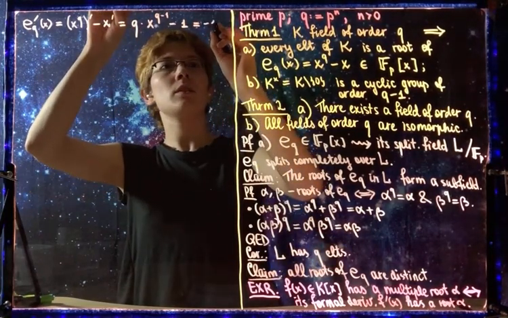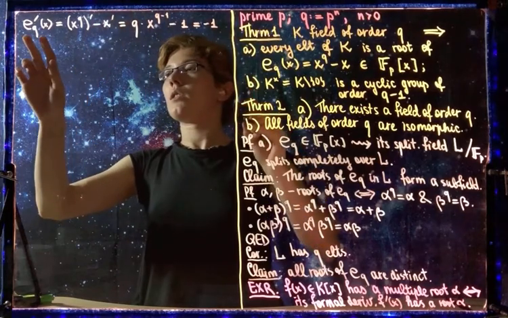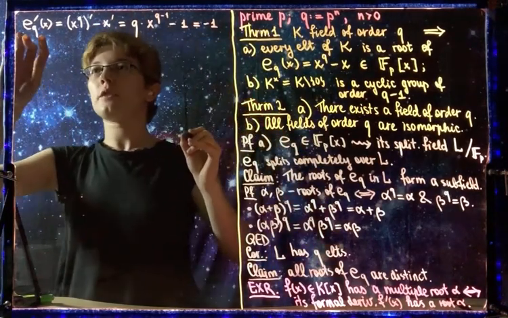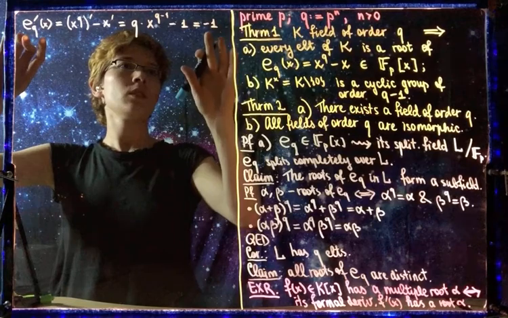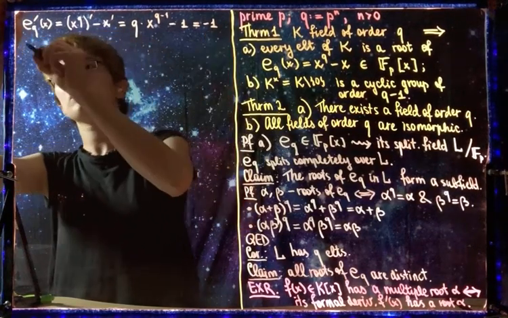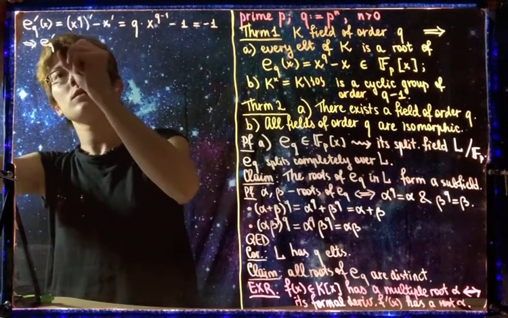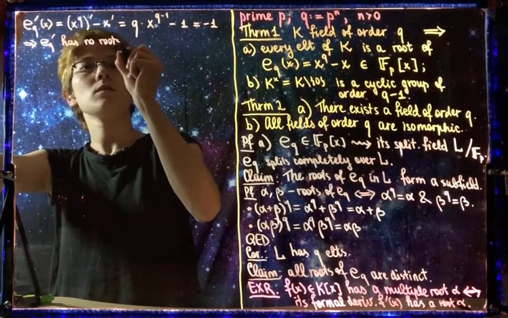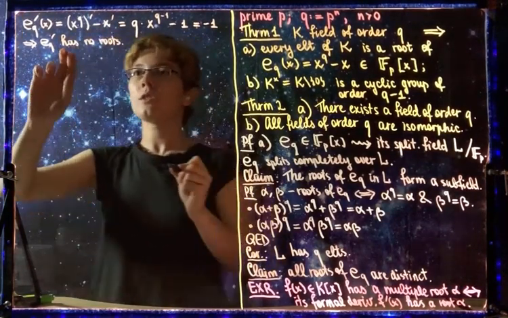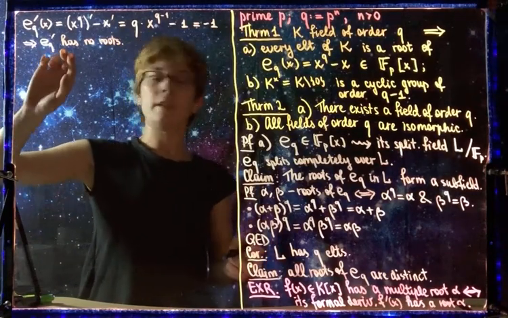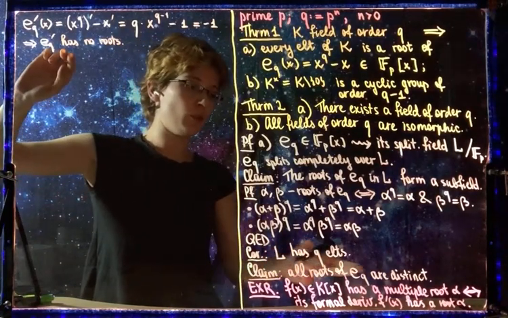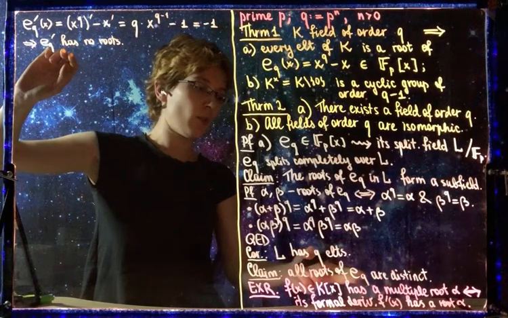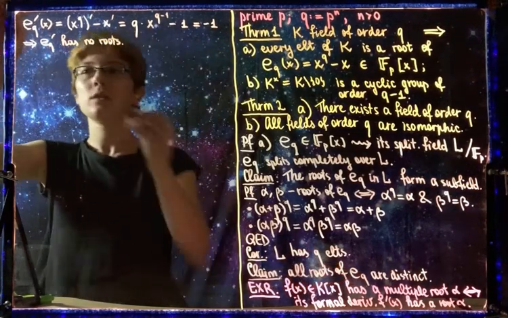So I get that the formal derivative of E sub q does not have any roots. And in particular, does not have any roots in common with E sub q. So all the roots of E sub q are distinct.